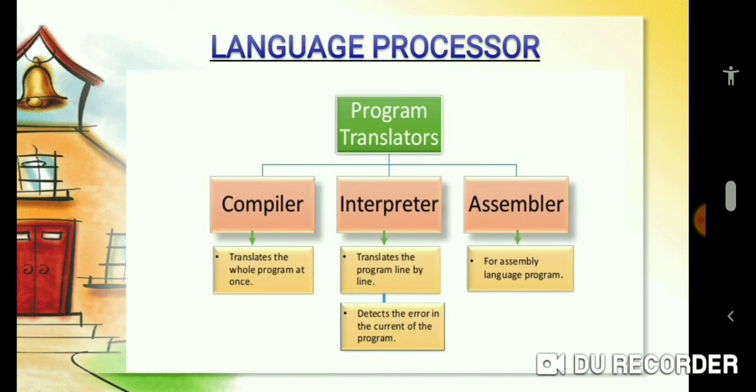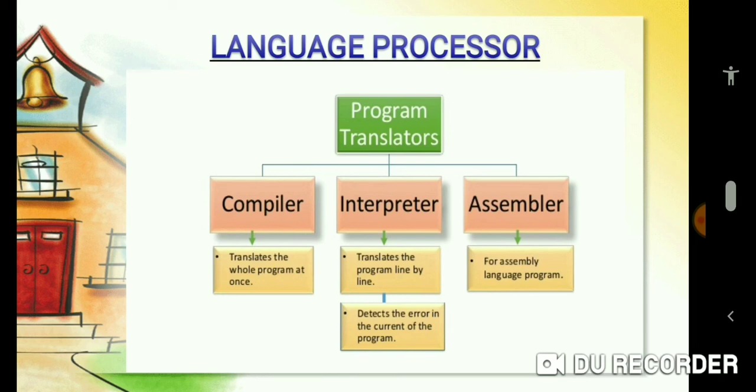It means you need a guide who knows both the languages and can transfer your language into the other language, that is Spanish. So the guide plays the role of language processor for you. In a similar way, the language processor plays the role of guide for the computer.